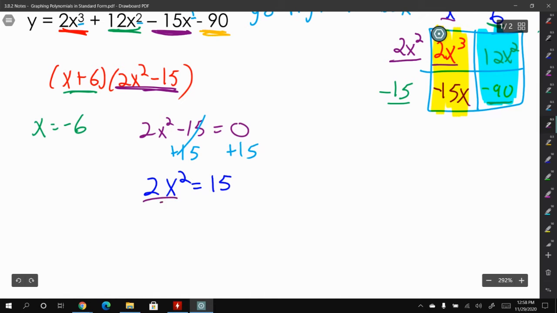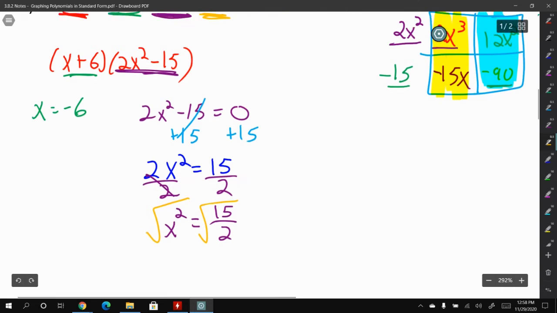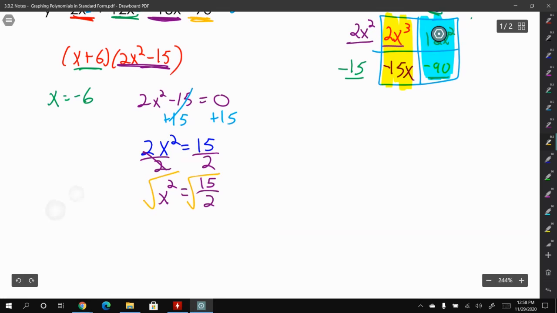And I'm going to leave this as a fraction for now, because I have to square root. I'll square root both sides. This is when I'll get a decimal approximation, because we're going to be plotting these, and it's much easier to plot if I have a decimal approximation from my calculator instead of a fraction that may be confusing to read.